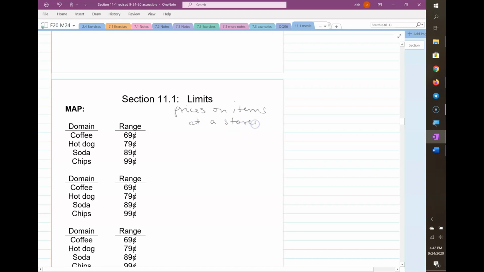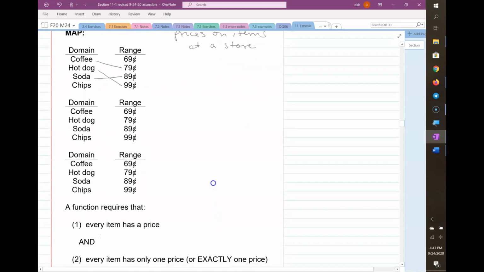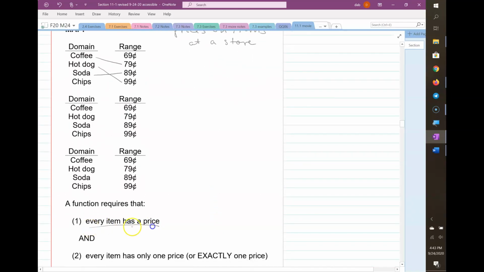Imagine a local convenience store. And suppose coffee is 79 cents, hot dogs are 99 cents, sodas are 89 cents, and chips don't have a price. Well, in order for this map to be a function, every item needs to have a price, and every item has to have only one price.